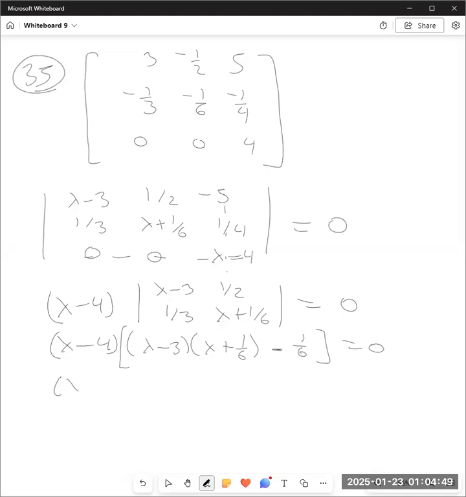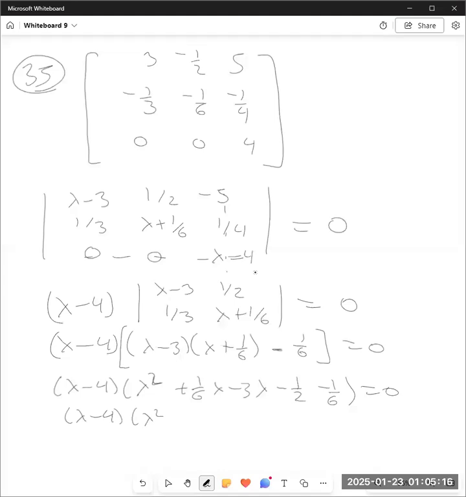So this is lambda minus 4, lambda squared plus 1/6 lambda minus 3 lambda minus 1/2 minus 1/6 is equal to 0. Lambda minus 4, lambda squared. So this is 18 over 6.